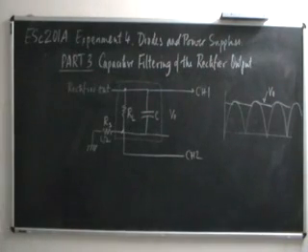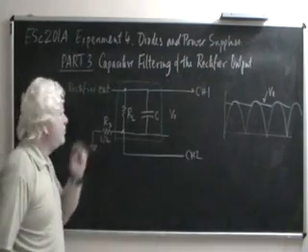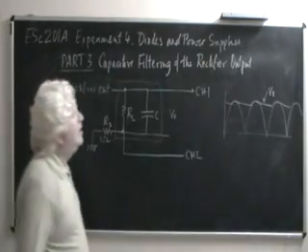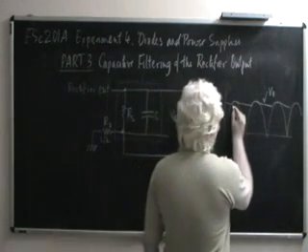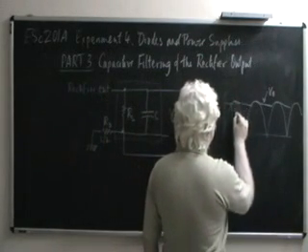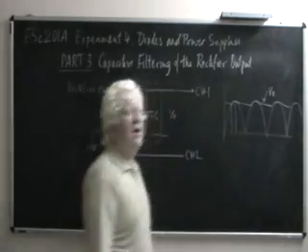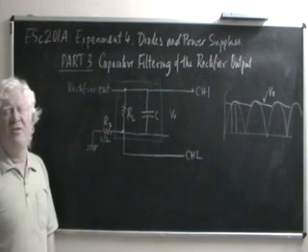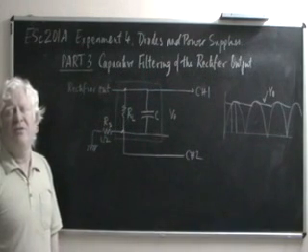Now, to understand when current will pass through Rs, we have to look very carefully. It is only from this instant of time until this instant of time that the diode is forward biased. Rest of the time the diode is reverse biased.